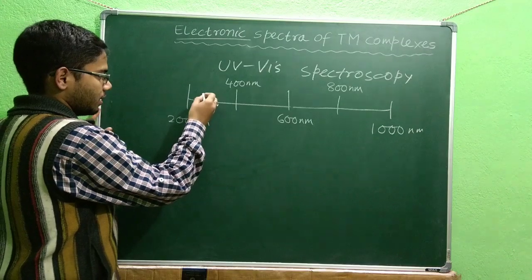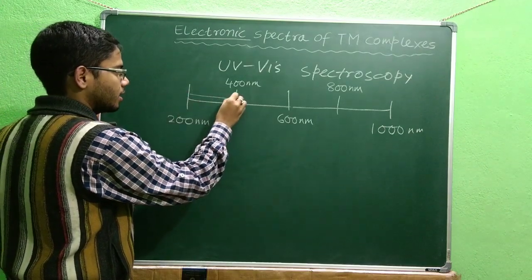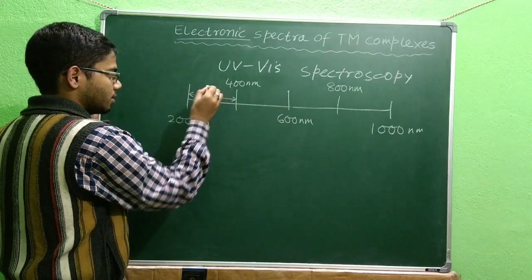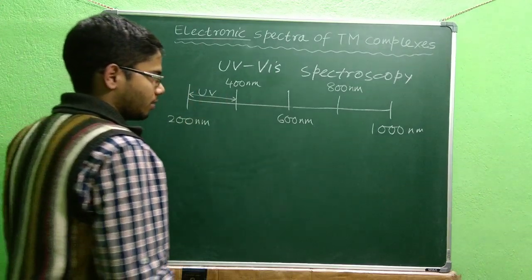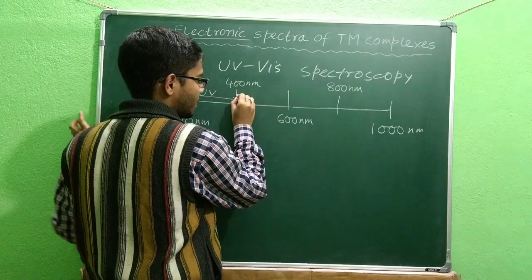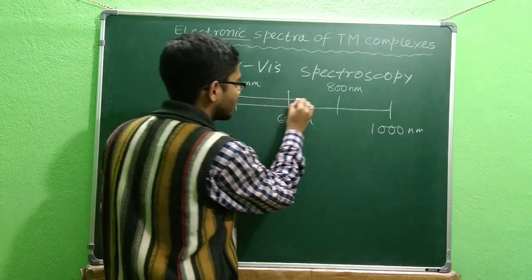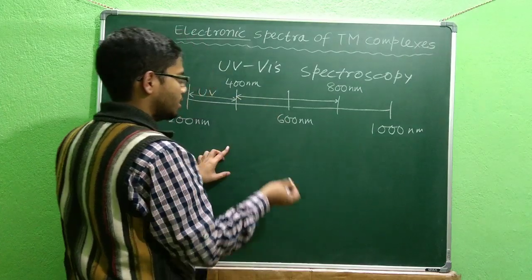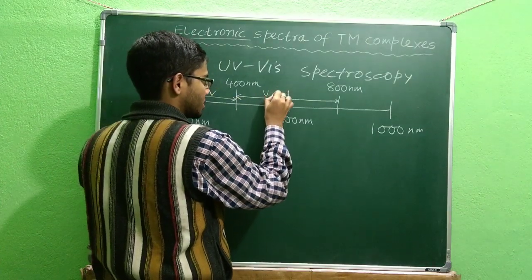This region, 200 to 400, is basically your UV region. And whatever you have from 400 to 800, roughly, and I will come to why I am saying roughly, this is your visible range.